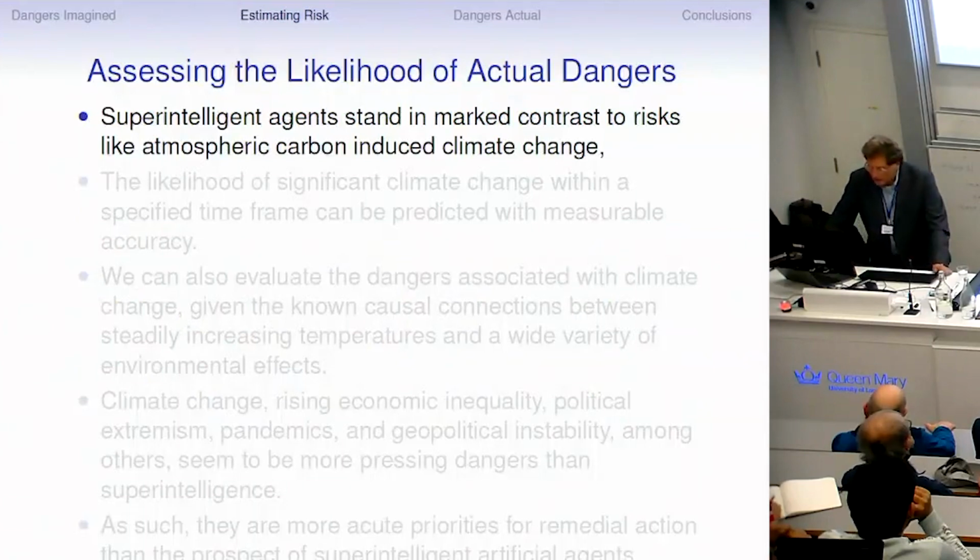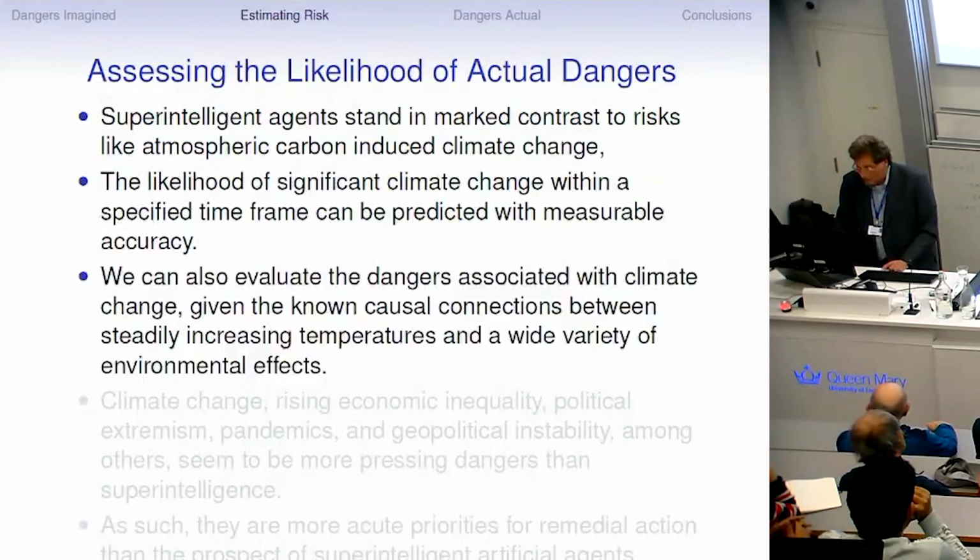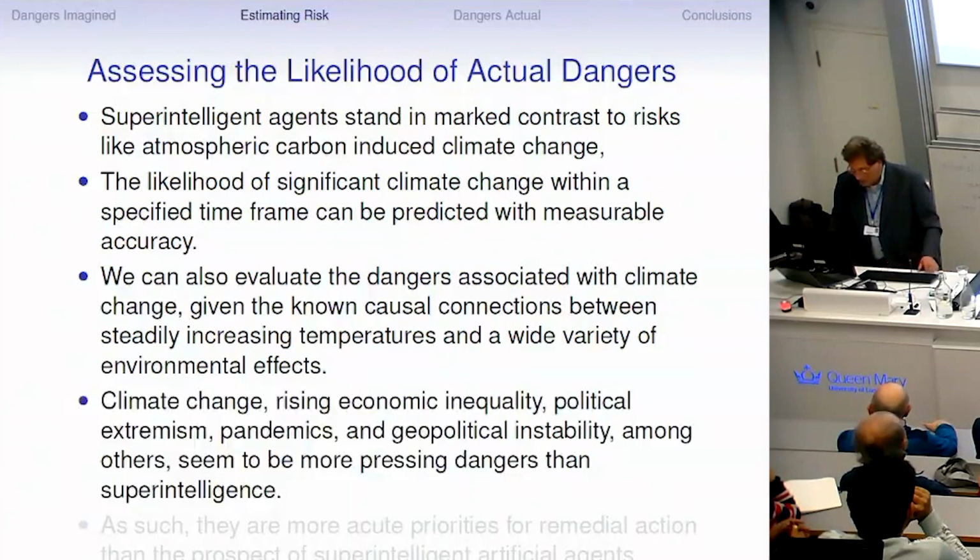Now, superintelligent agents stand in marked contrast to global warming due to carbon in the atmosphere. Because there, we can evaluate likelihood and measure the risk with considerable accuracy, and we've done it. We can also evaluate dangers associated with climate change and give them very precise probability values.